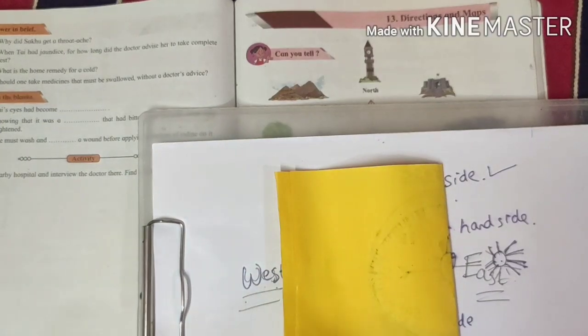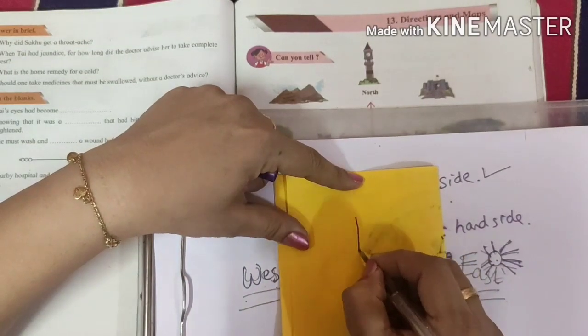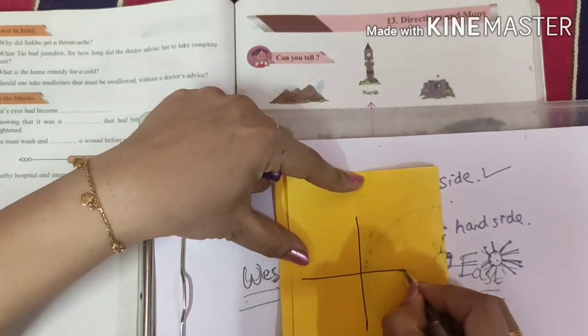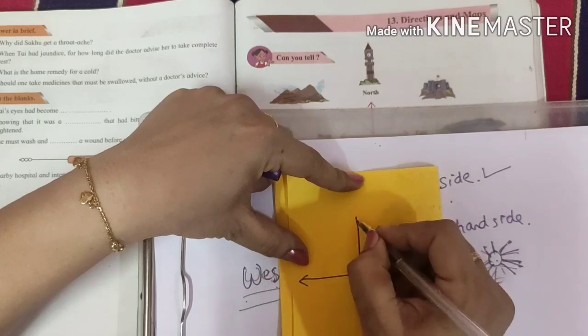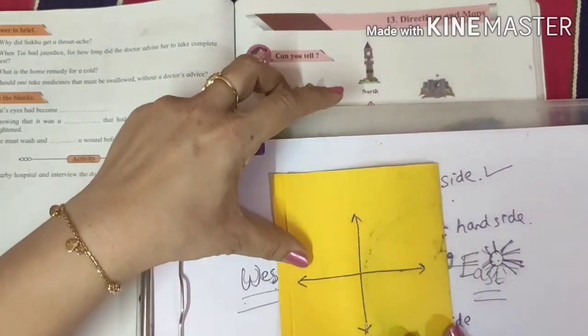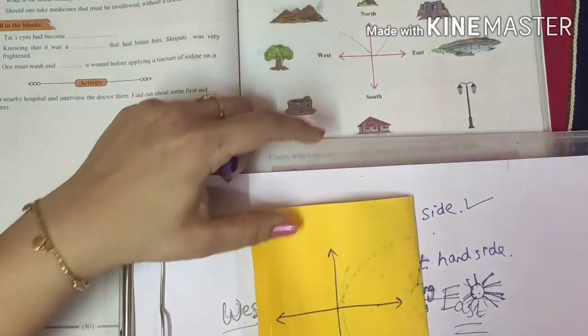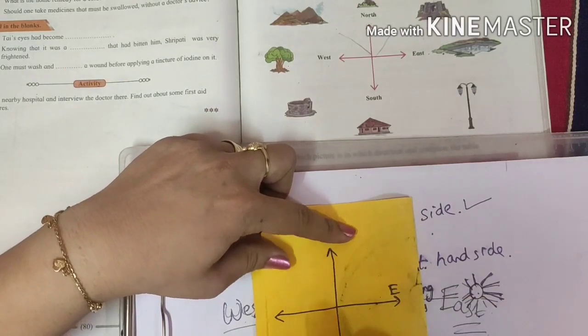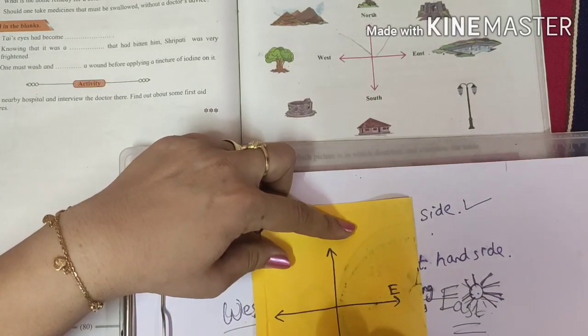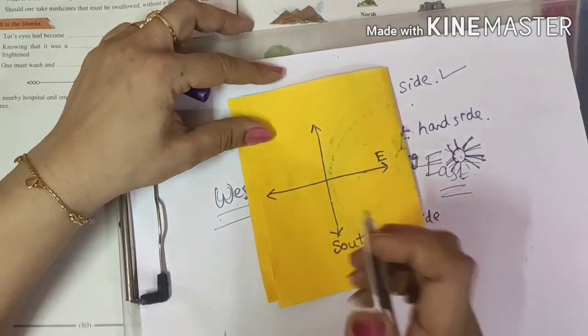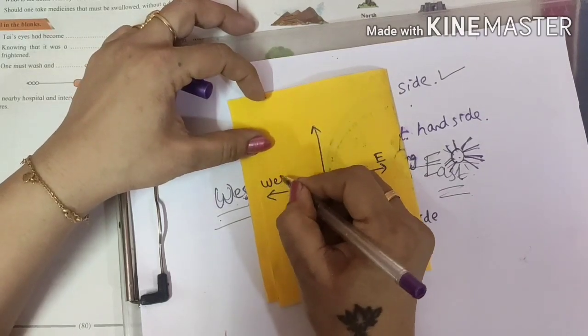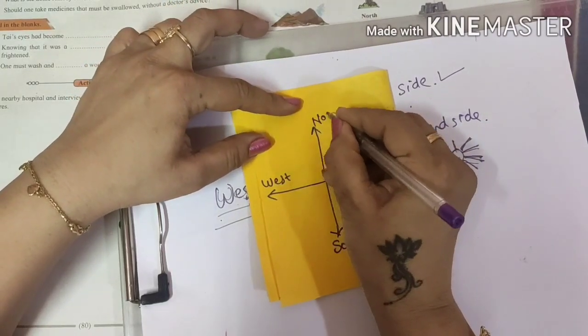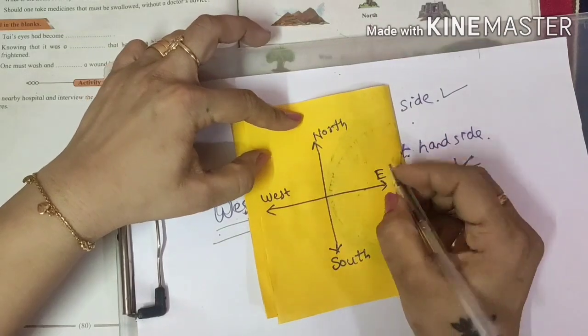Suppose I am making this here. Here it is our east, here our south, then west and north.